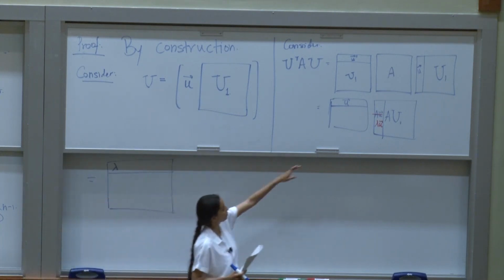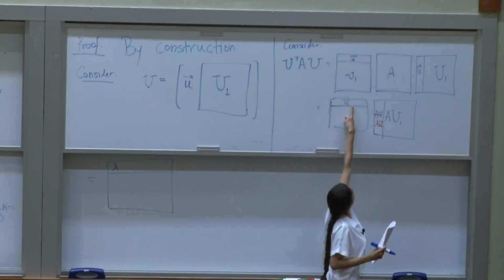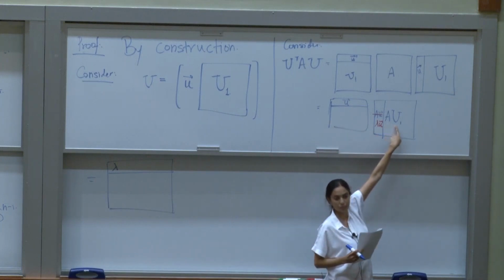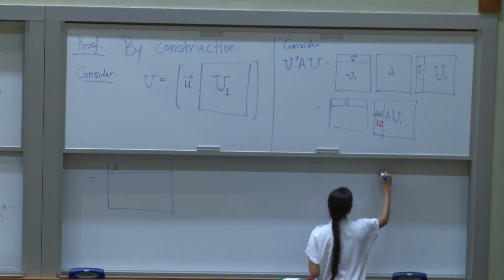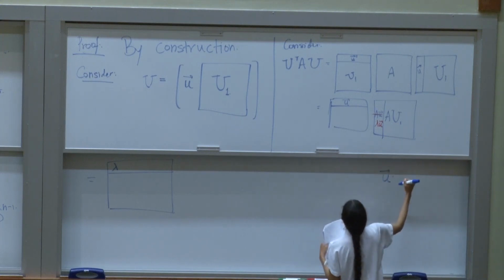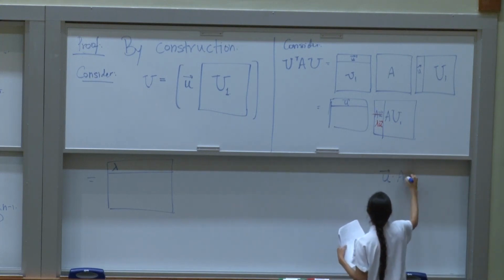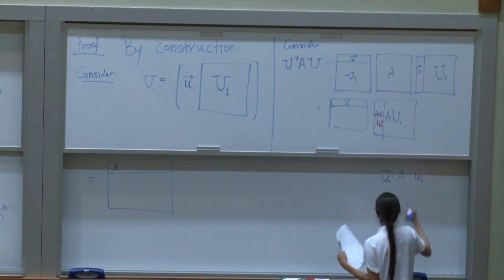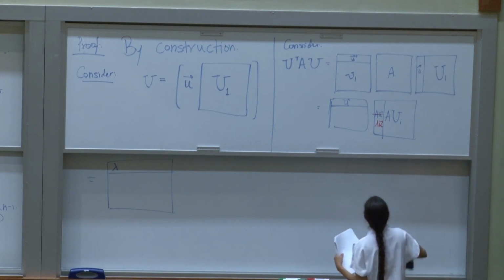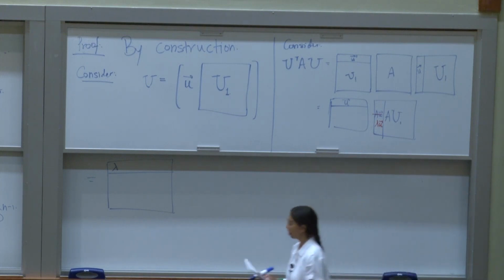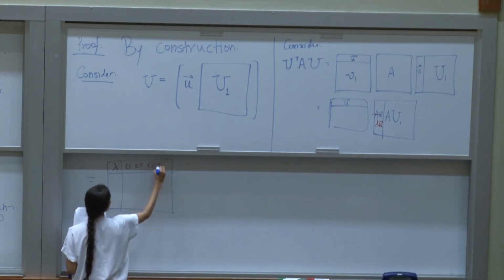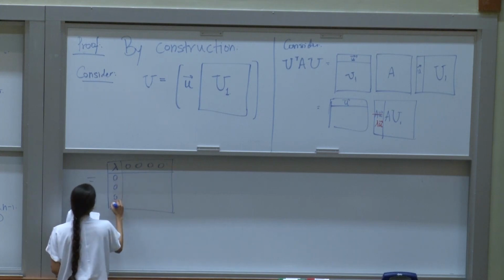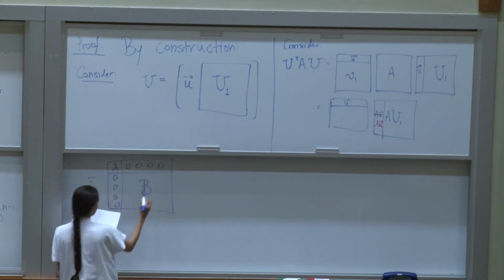And now, because of Gram-Schmidt, what is the property of U times A times U1? When I take U times A times U1, I'm basically going to get all of these things going to be zeros, and I'm going to get a B here.